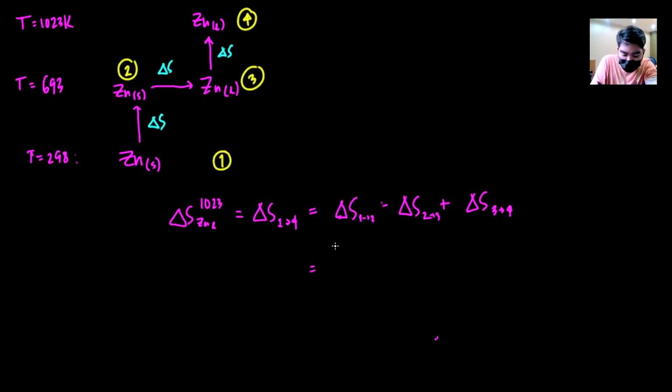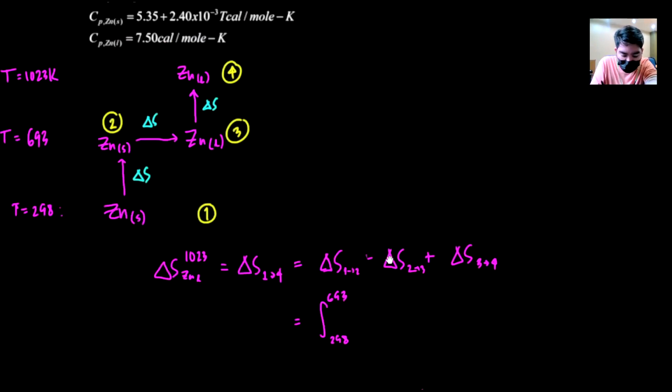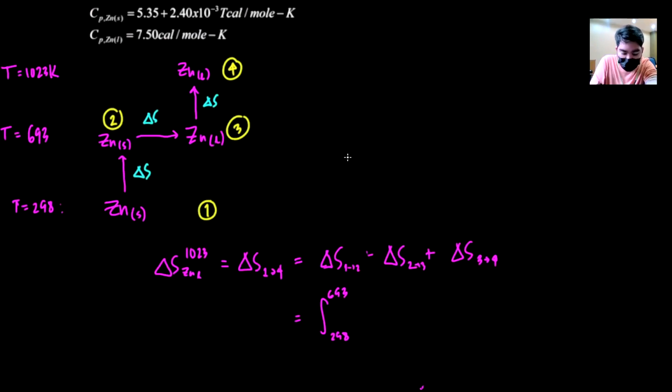So delta S from 1 to 2 is just equal to the integral ng Cp from 298 to 693. Tama? Cp, and let's input the Cp as well, no? So Cp of zinc solid is this one.